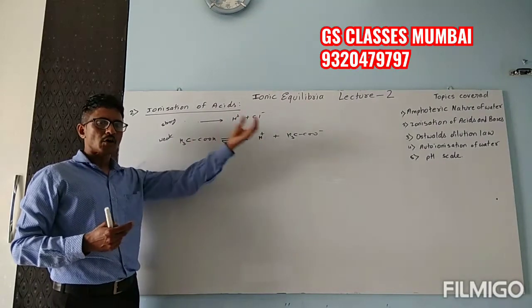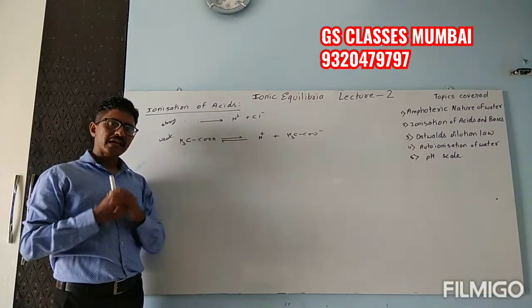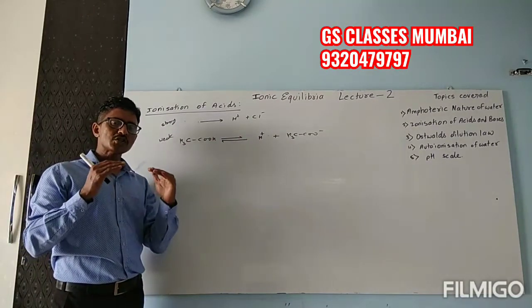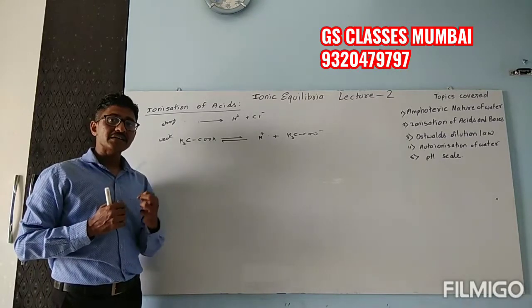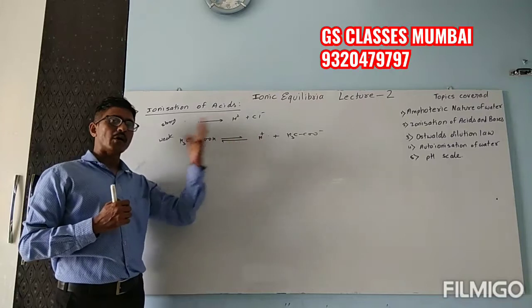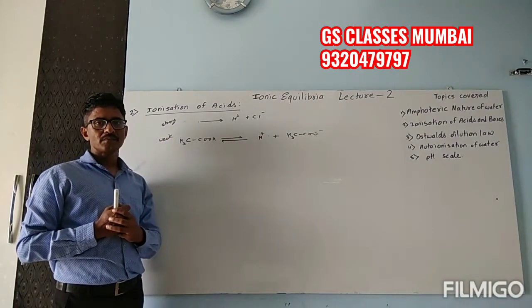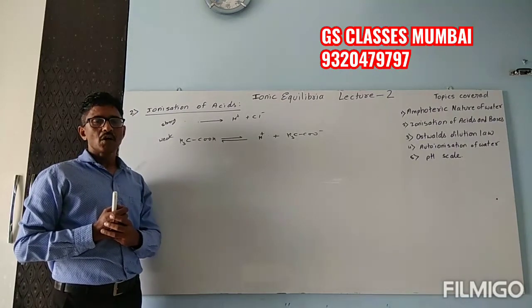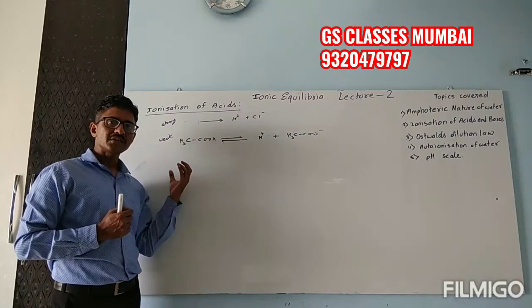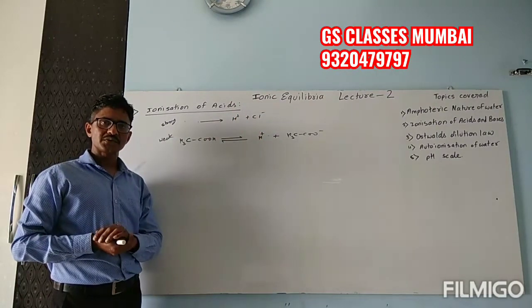Now the values are constant. Apparently it appears that the reaction has stopped. The reaction is not going on. But in reality, the reaction is still going on. Only what is not changing is the concentration, the concentration of the reactant as well as the concentration of the product.